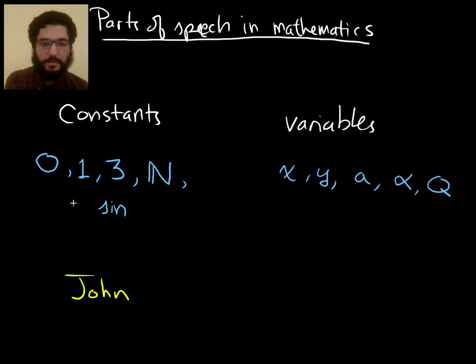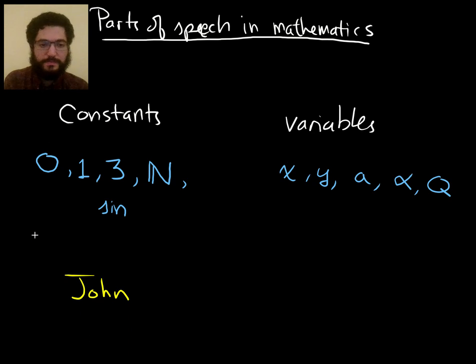It's the same with these guys. The symbol 0 is a constant partly because of what it refers to. So it's a symbol that just refers to a specific thing, a lot like the proper name John. So maybe I'll just write this.